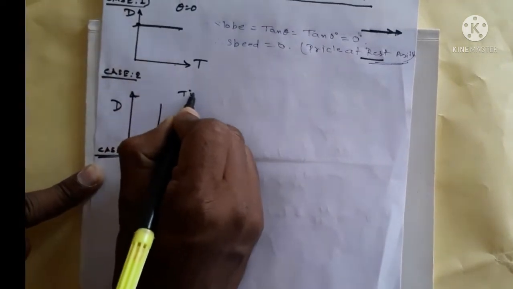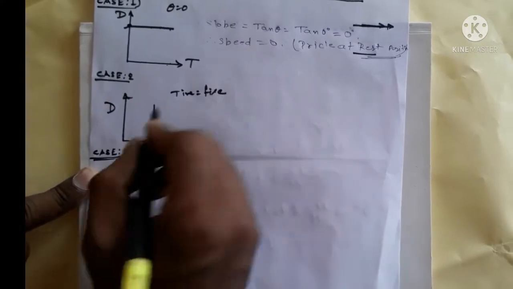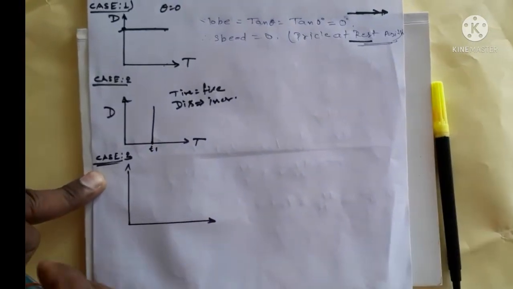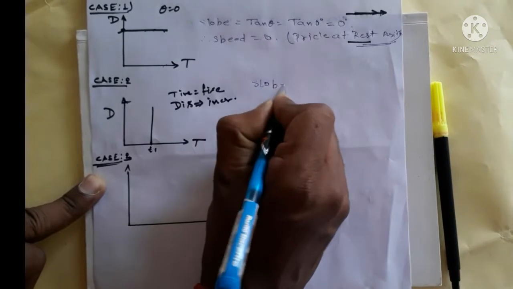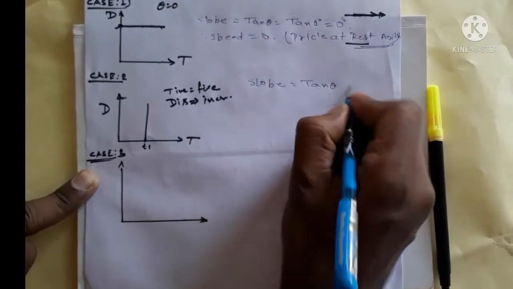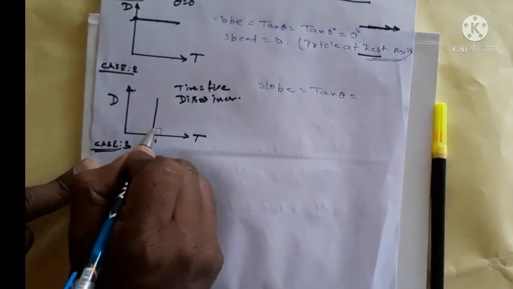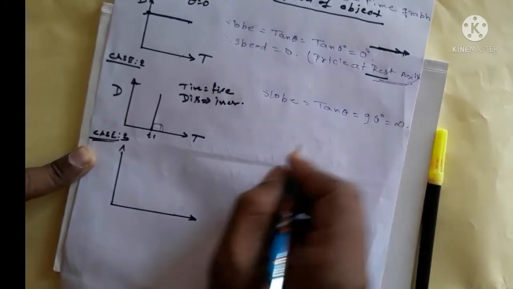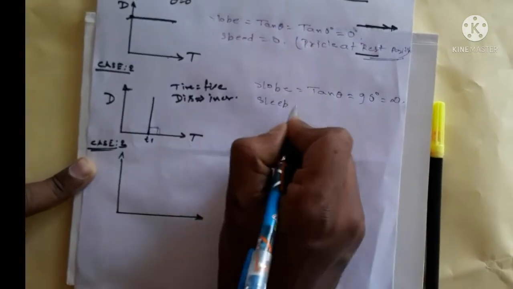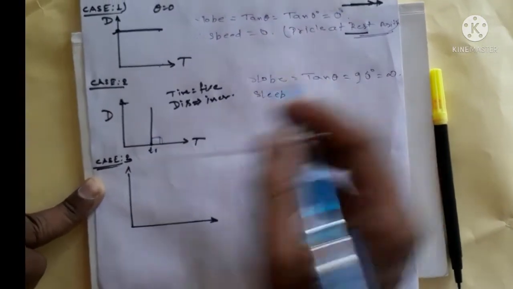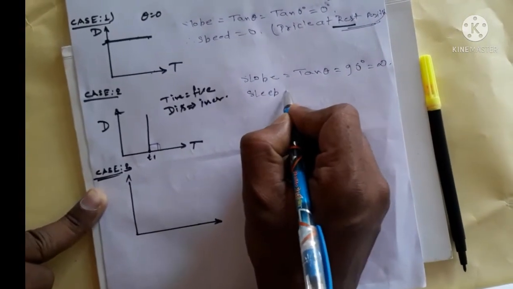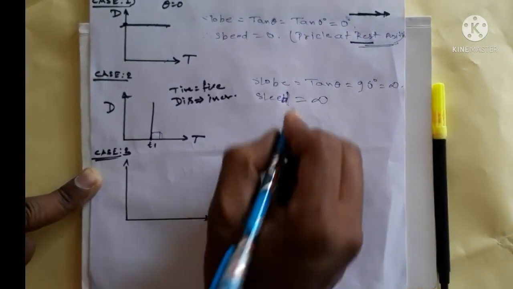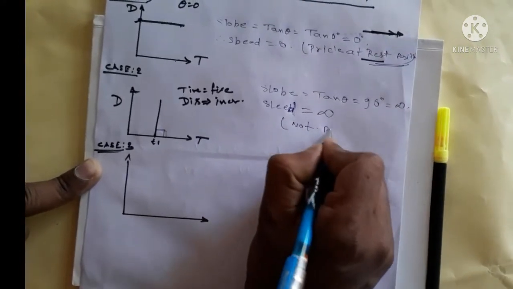So the slope is equal to tan theta, where theta is equal to 90 degrees. The value of tan 90 is infinite. So speed, which is slope is equal to tan theta, perpendicular by base, distance by time, is equal to infinity. That is not possible.